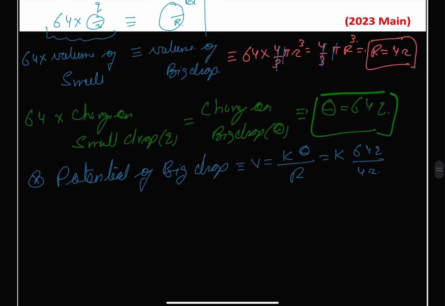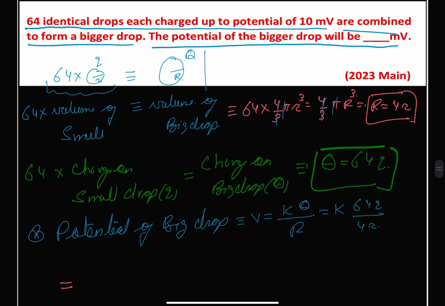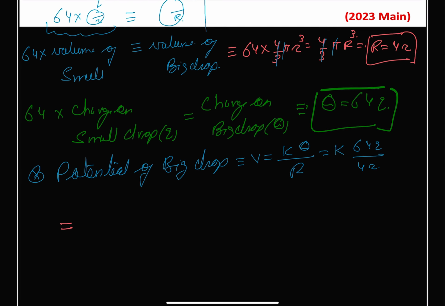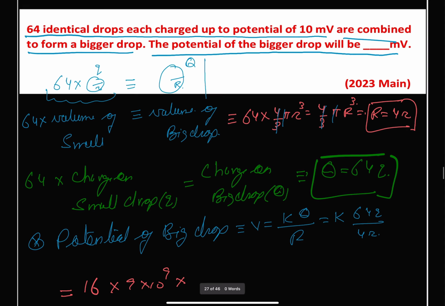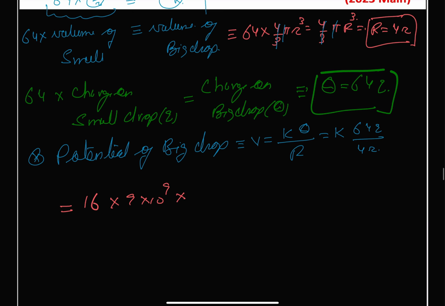And we are going to just substitute the values. We are going to get this as 16. The value of K is 9 into 10 to the power 9, but the potential is given to us, values of the charge are not given.